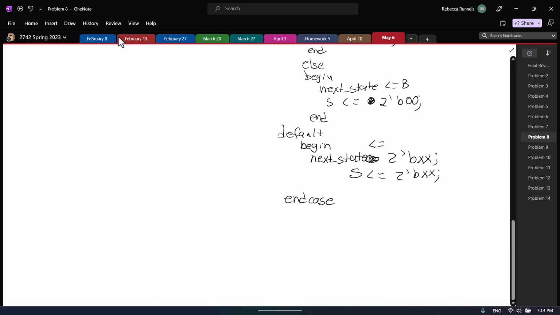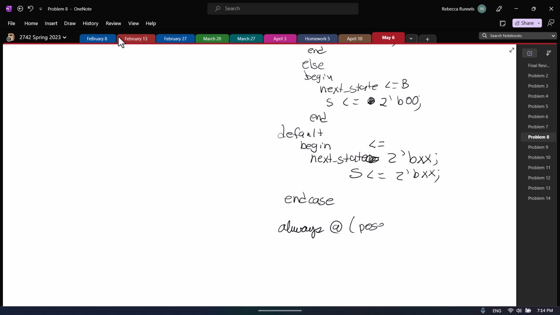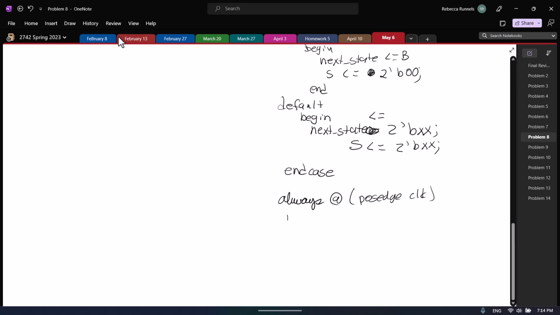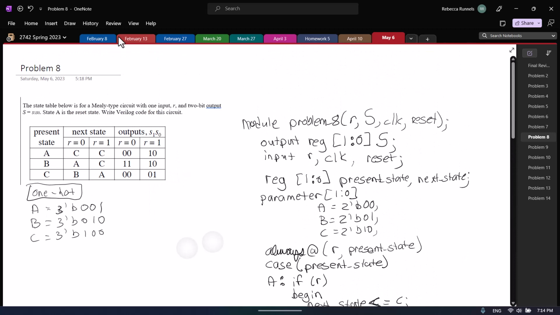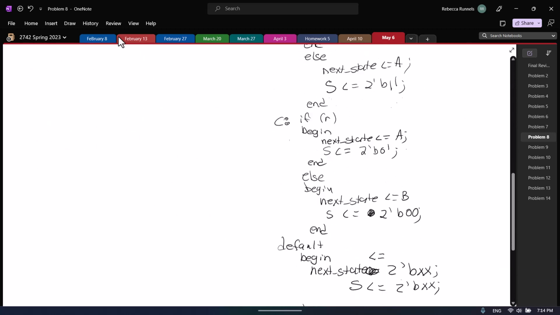Now I need to have my sequential part. So this will be always at positive edge clock. It could be negative edge clock. Usually you want to check for a reset or a load. So if reset, and I think it's said to do something like this in the instructions. State A is the reset state, yeah.